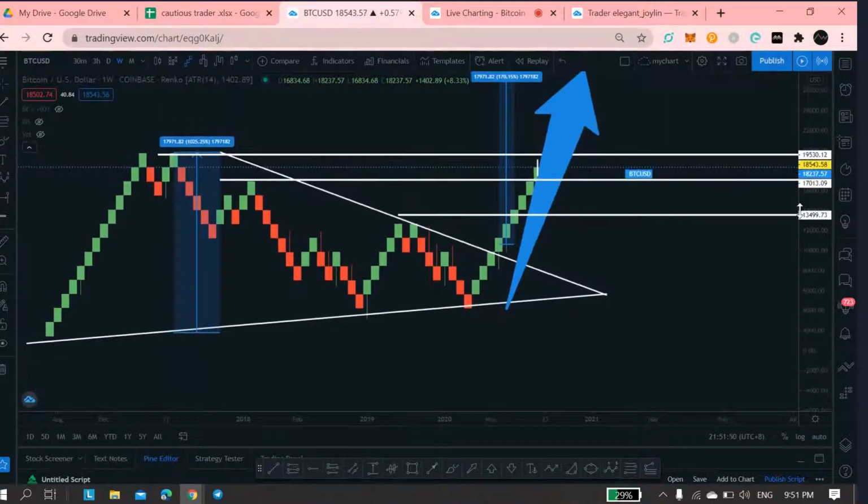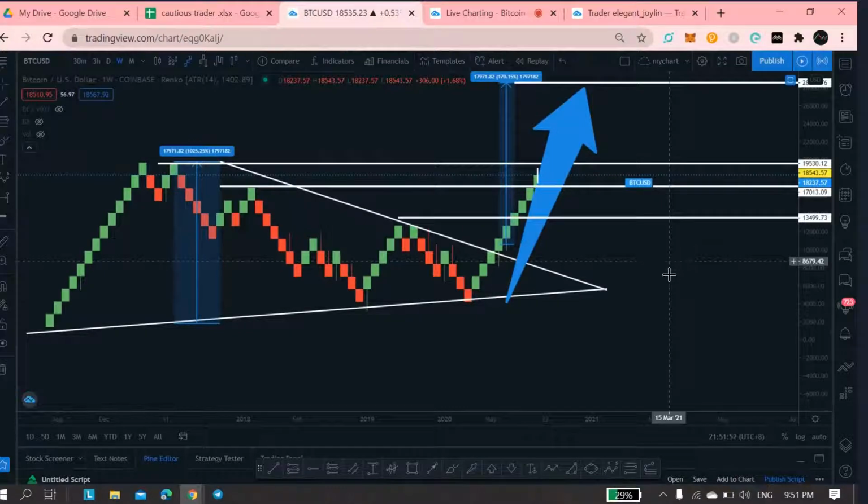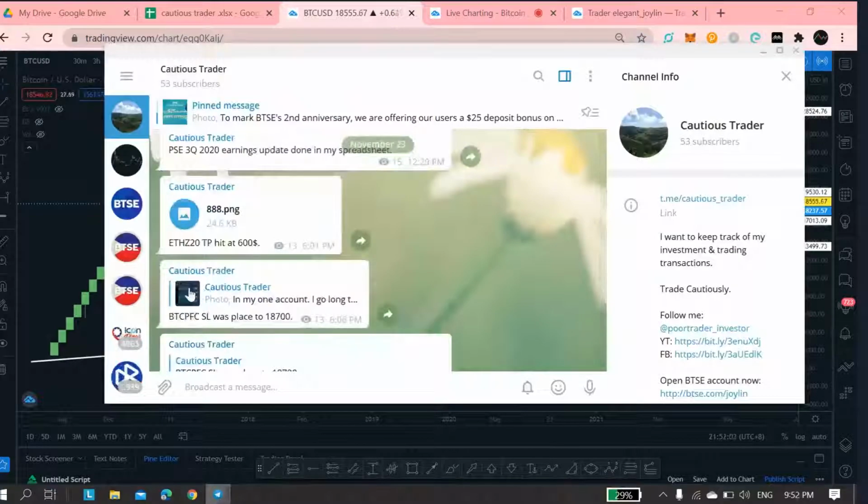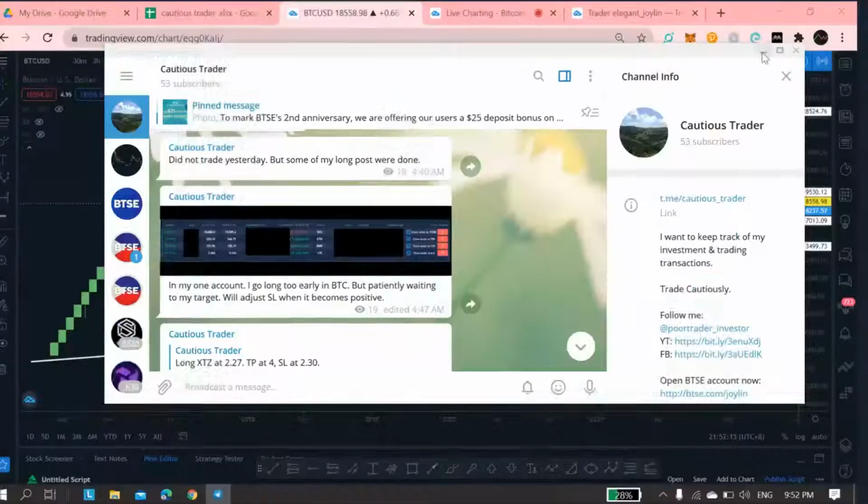Last weekend, actually I do not have trades, but I have postings at different levels. My average long was 18,606. As you can see, I was red a while ago because it went down.